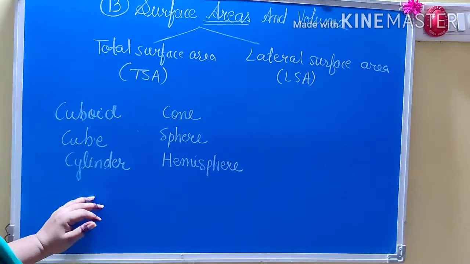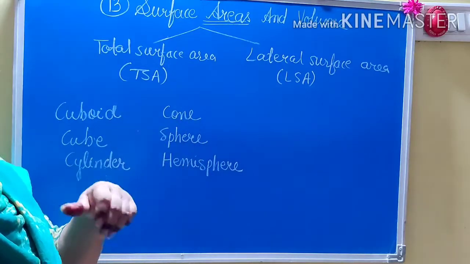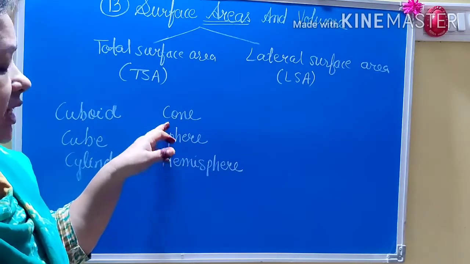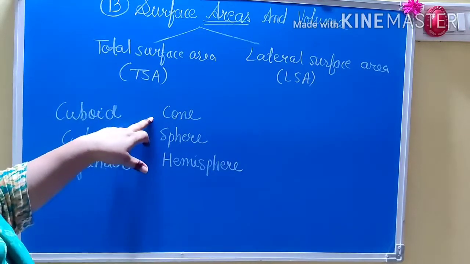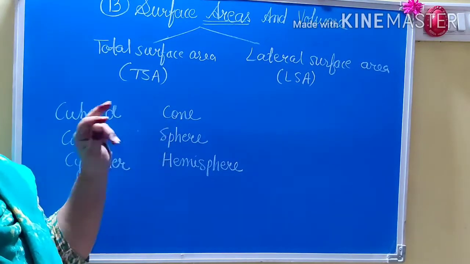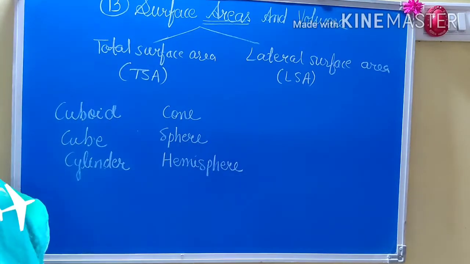Today we will discuss how to derive the formula to find the CSA, because a cone has a curved surface, so we call it CSA. So, CSA and TSA of cone, and surface area of sphere.